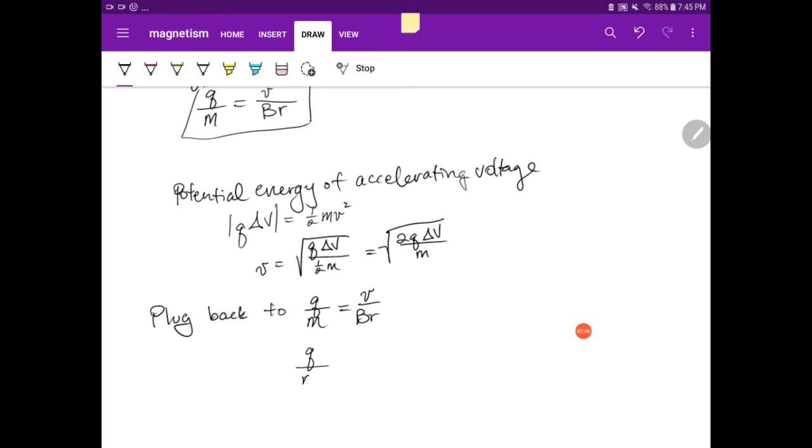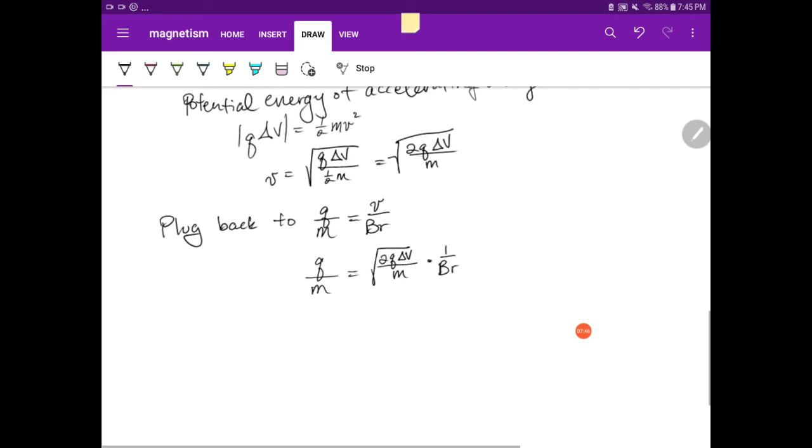So we have Q over m is equal to the square root of 2Q delta V over m times 1 over BR. So I'm going to square both sides.